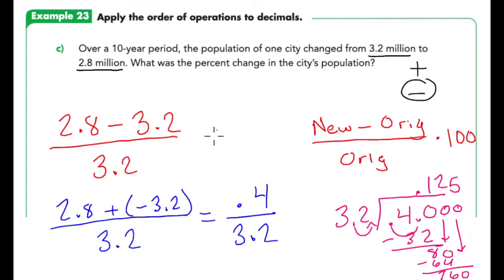So this 2.8 minus 3.2 divided by 3.2 leaves us with 0.125. We now have to change that into a percent by multiplying it by 100. And if we're multiplying by 100, that means we're just going to move the decimal place 2 places to the right.